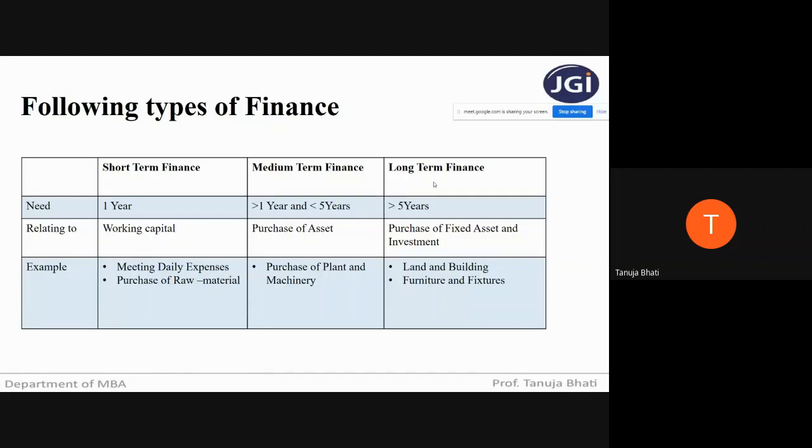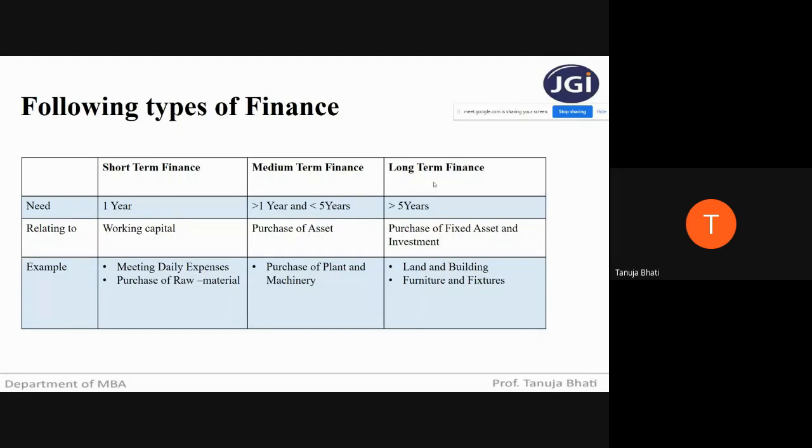So we have seen what is the meaning of source of finance. Source of finance is the means through which the finance can be procured to meet the needs of the company. The needs of the company are divided into short term, medium term, and long term. Now we have understood what is finance, what are the sources of finance and types of the financial needs.